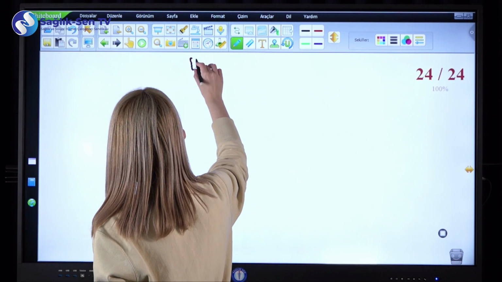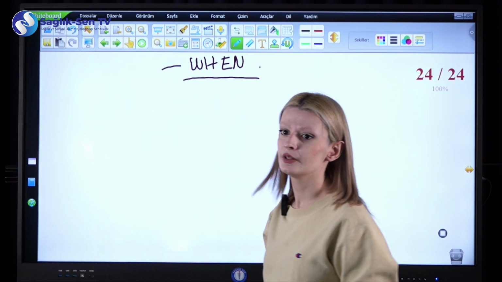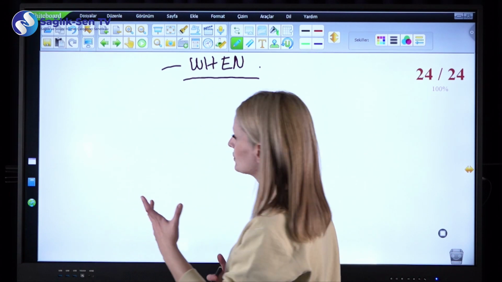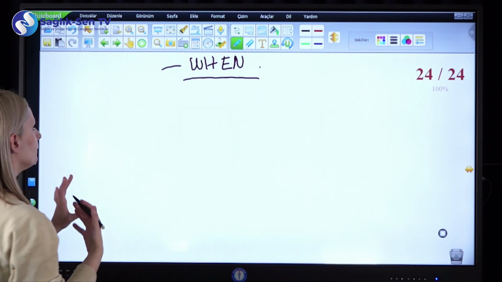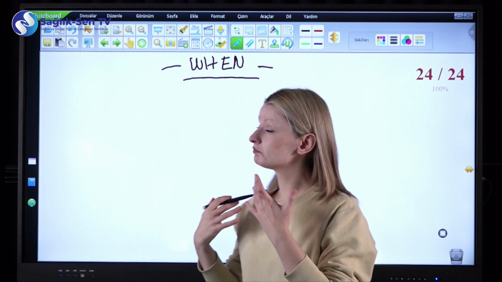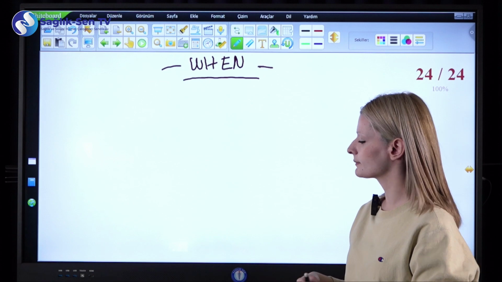Now, let's talk about when, relative pronoun. Now we are going to define our time in the sentence. But, for example, there's a big misconception about these times and places.